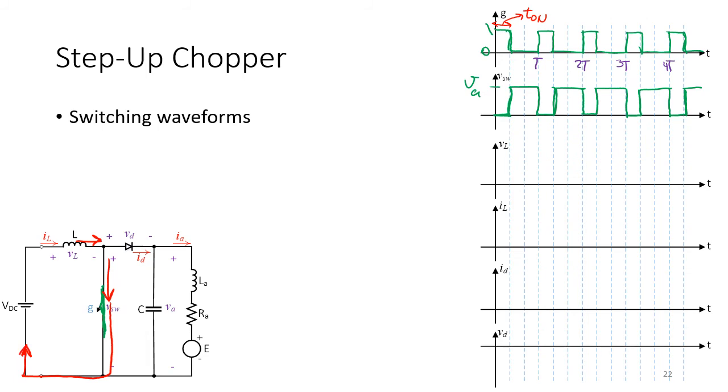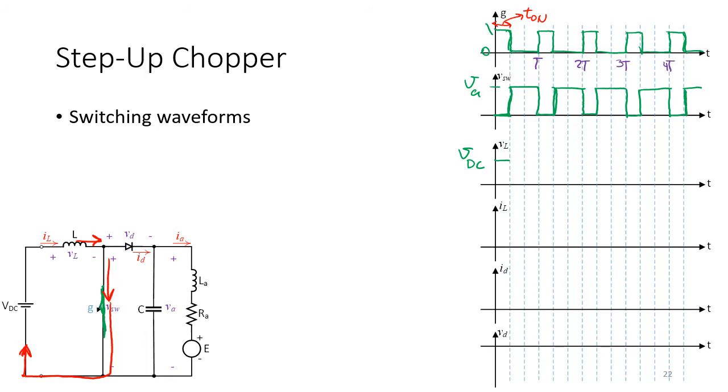So during the time on, what will be the voltage across the inductor when the switch is on? The switch is on, the current goes like this, I have shown in red. What will VL be during this time? Here we have VDC.